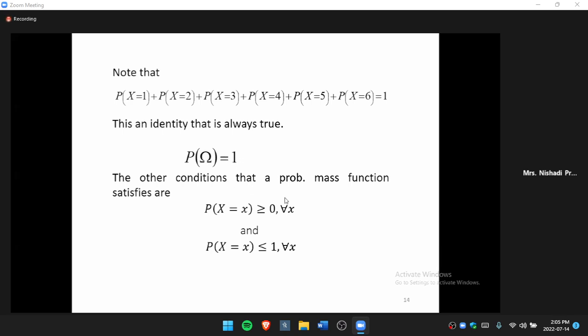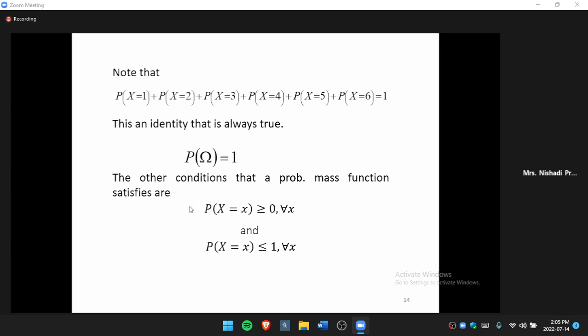And there is another condition, that is all the probabilities must be greater than or equal to 0 and less than or equal to 1, because you already know that probabilities are values from 0 to 1. Any probability cannot exceed 1. The maximum is 1. Therefore, it is any value in between 0 and 1.